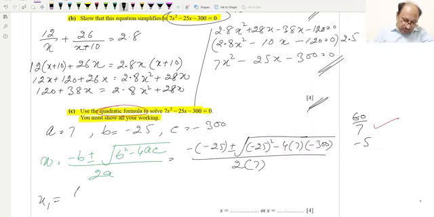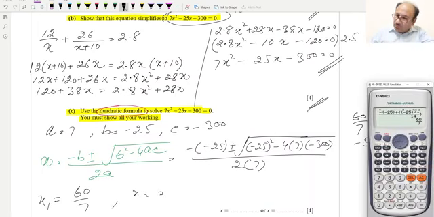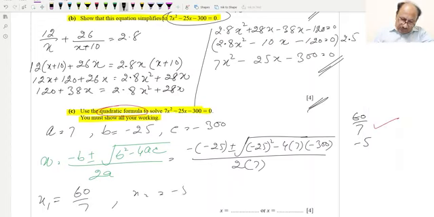And for x2, we change the sign from plus to minus over here, and we get minus 5 as our second answer. So the answers are 60 over 7 and minus 5 basically.